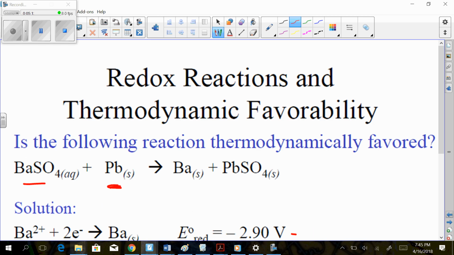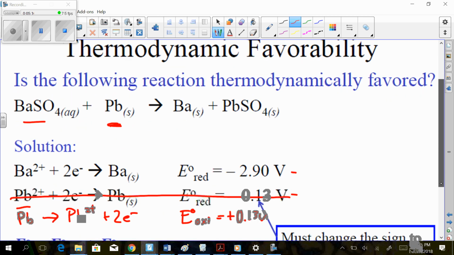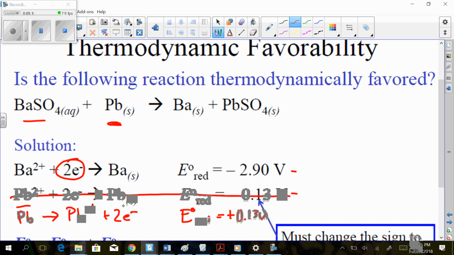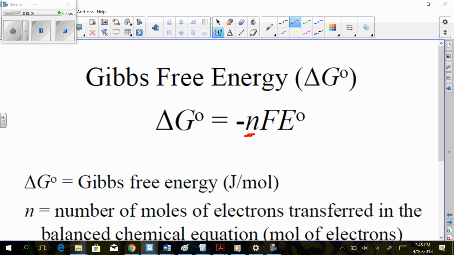If we go back to the previous slide, if we look at the two half reactions, we didn't actually cancel them out and add the reaction together, but if you were writing the overall reaction, you have 2 electrons in the reactants and 2 electrons in the product that would cancel out, and those are the electrons we're talking about right here. So in that reaction, 2 moles of electrons are transferred.